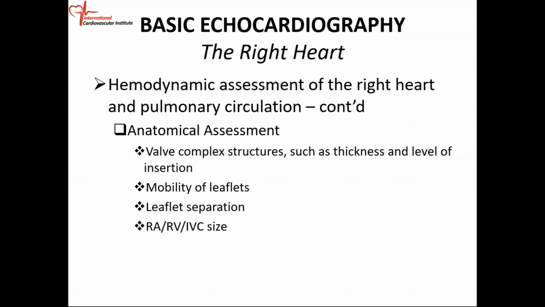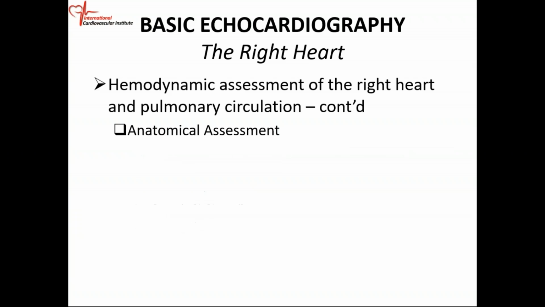You can see how well the leaflets are moving, if the leaflets are separated, if they're stenotic, yes or no. But not only that, you can measure the size of the right atrium, the right ventricle, and the size of the inferior vena cava. All of those things are important when you're assessing the tricuspid valve.